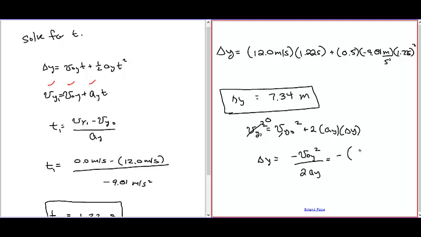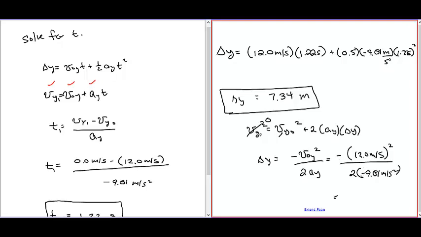So we get negative v sub y0, I switched those accidentally, squared, 12 meters per second squared, divided by 2 times negative 9.81 meters per second squared.